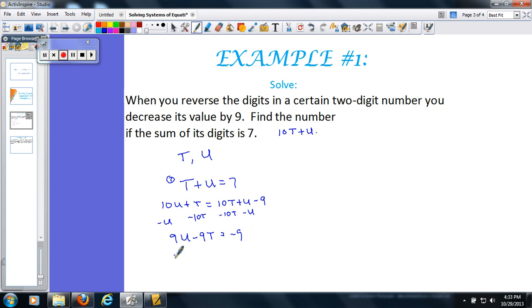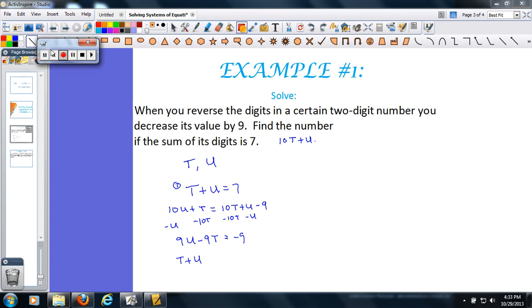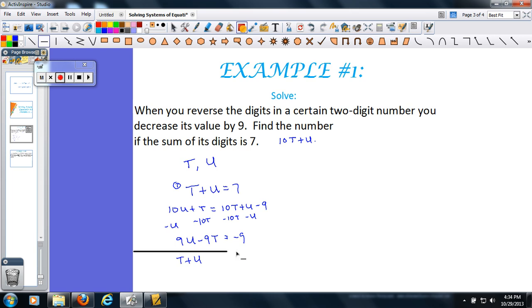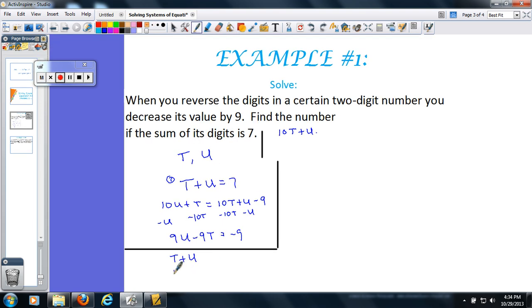Okay, so my equations now are t plus u equals 7, and negative 9t plus 9u equals negative 9. I'm going to put a line right here just to separate what we've already done.